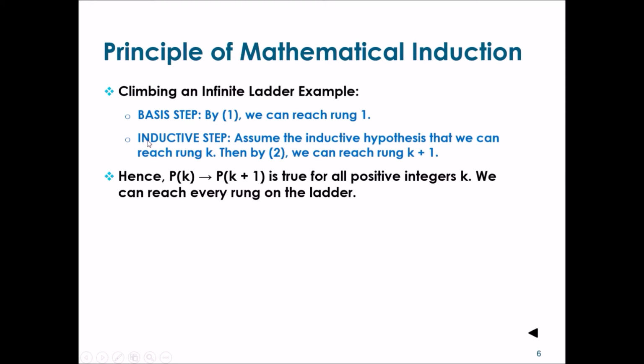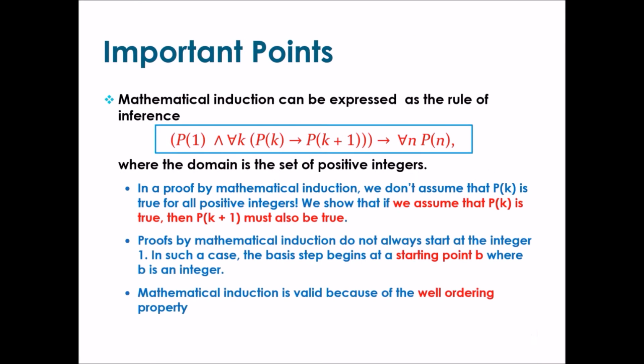So hence, if we can prove these two steps, that is P1 is true and Pk implies Pk plus 1 is true, then we can reach every rung on the ladder, that is Pn is true.